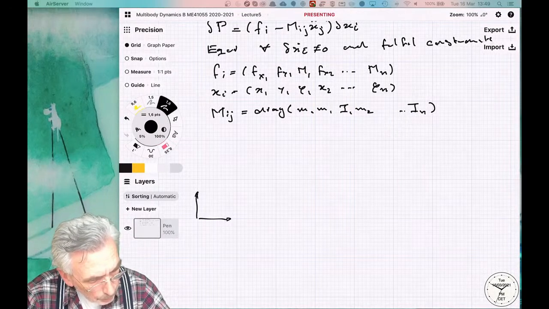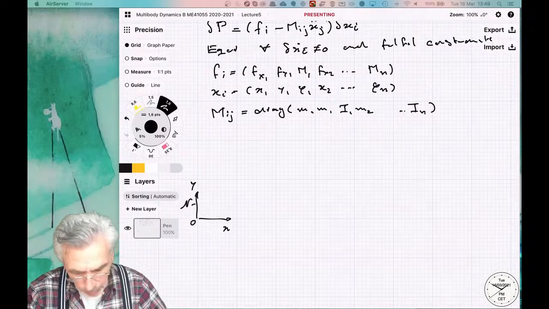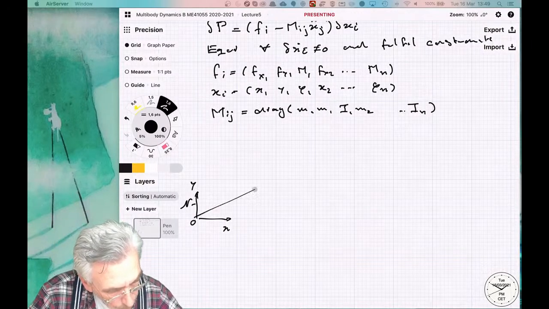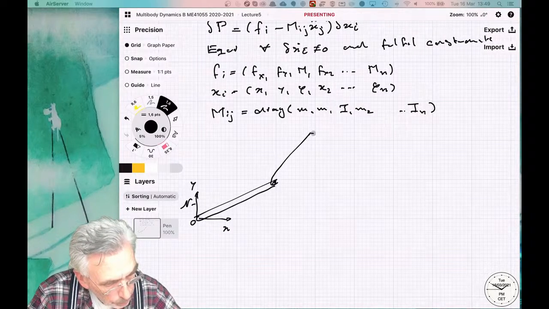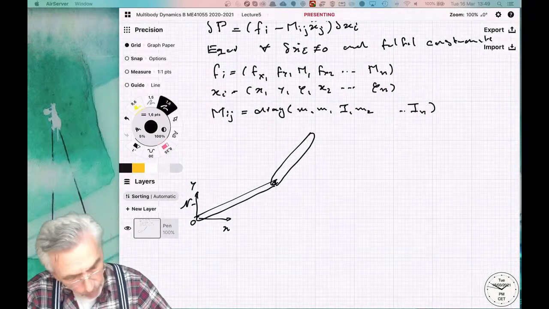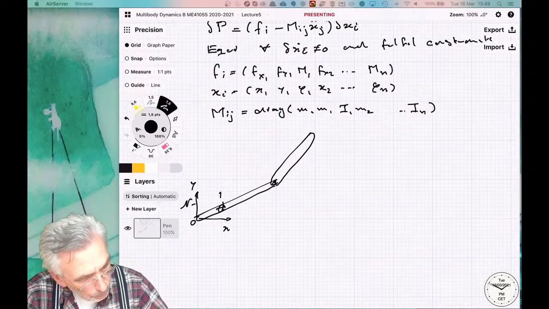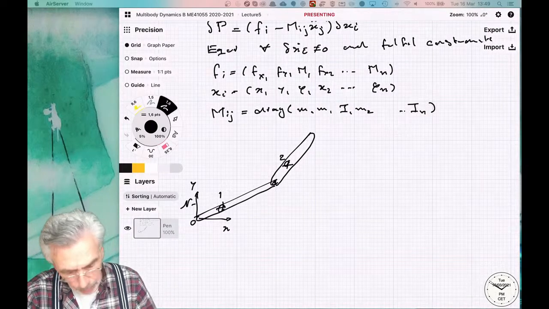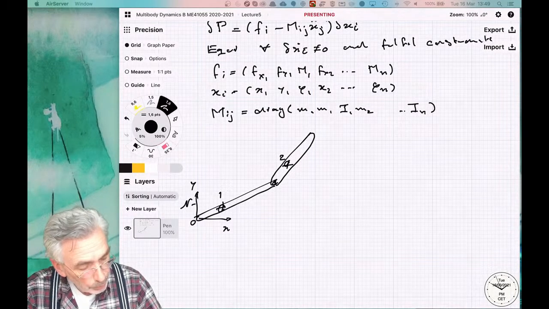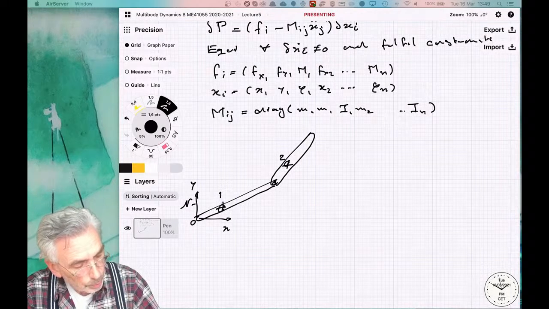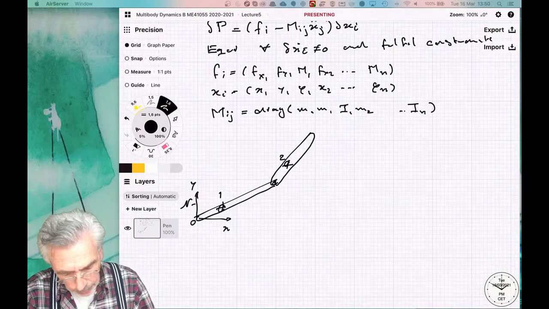So we have our inertial coordinate system, xy, the origin, and then we have one body, and we have a second body with some extension. This is body 1, this is body 2, and of course the center of mass coordinates xi, those are here.